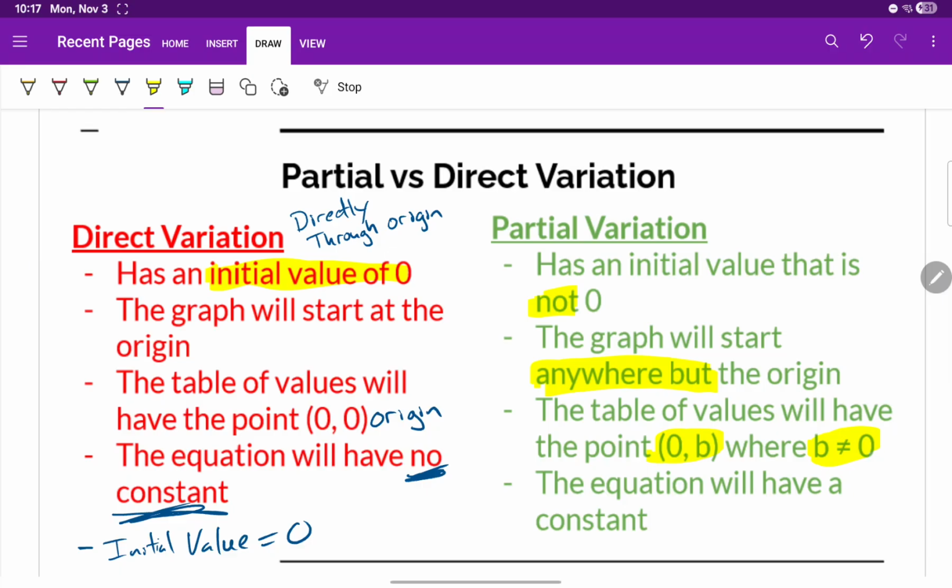B just can't be 0. Any other number. And it says the equation will have a constant. Okay. So again, some key differences there. Again, if you need more time to copy this down, just pause the video and I am going to continue.